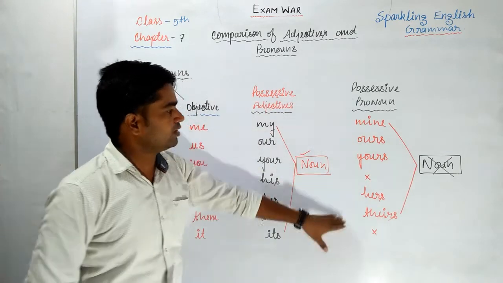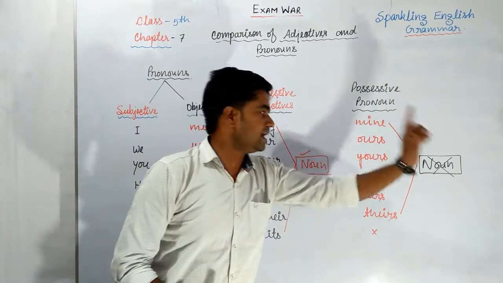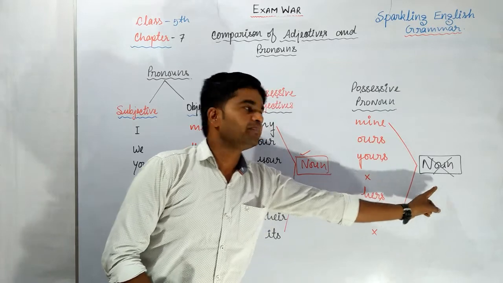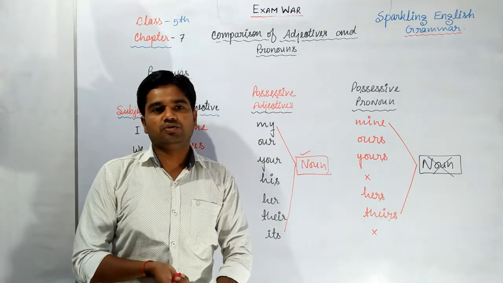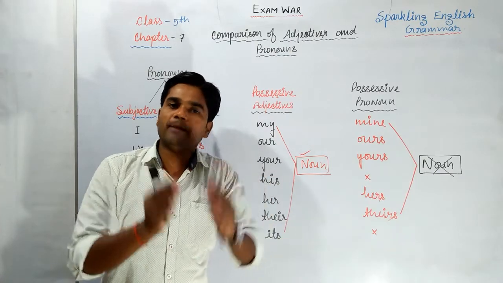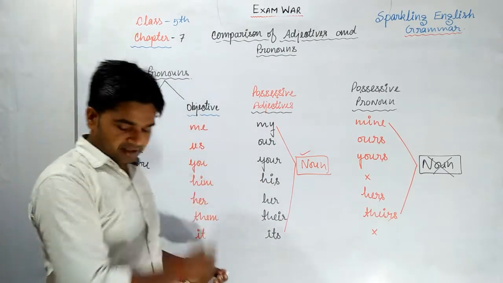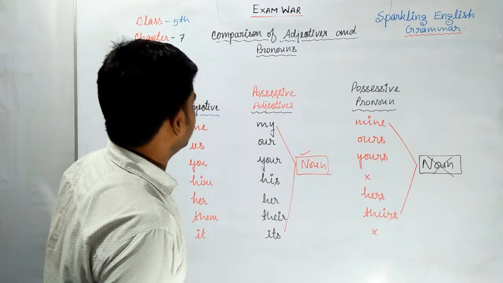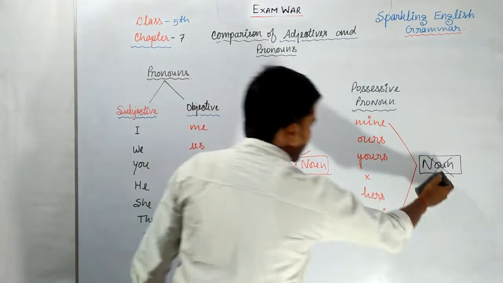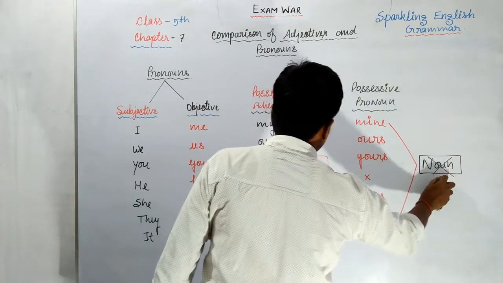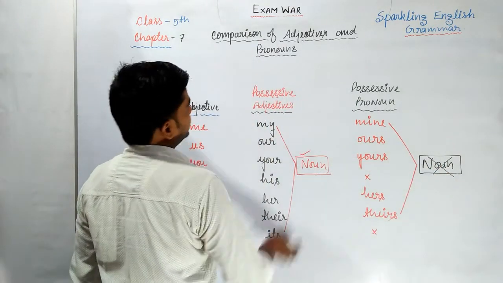After a possessive pronoun we should not use any noun, and after a possessive adjective we have to use a noun. So these are two different and two opposite cases. Now we are going to have some examples of the cases we discussed.